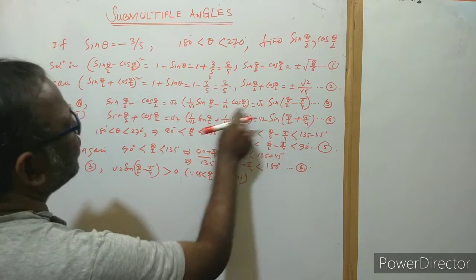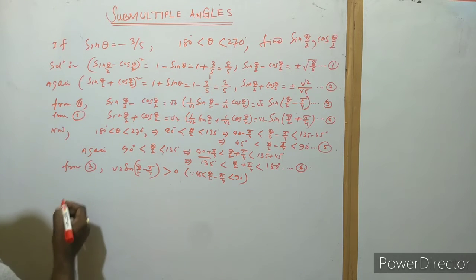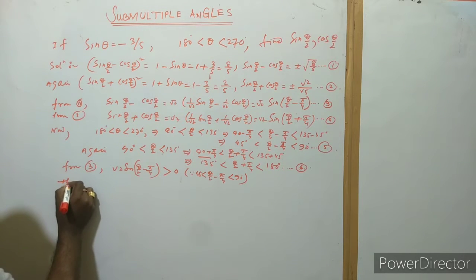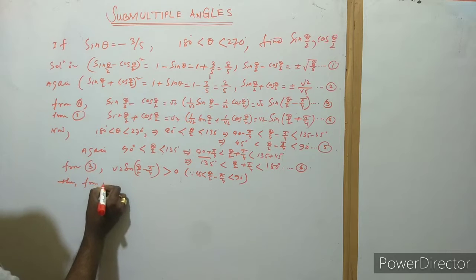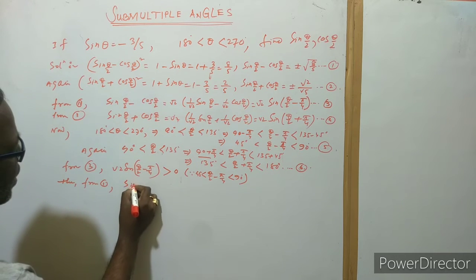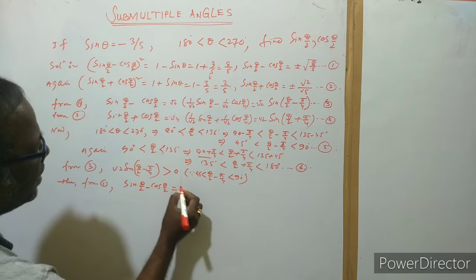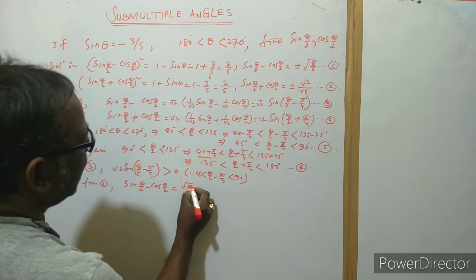Therefore the value is positive, and that is from 1. So from 1 we can write sine theta by 2 minus cos theta by 2 is equal to root 8 by 4.